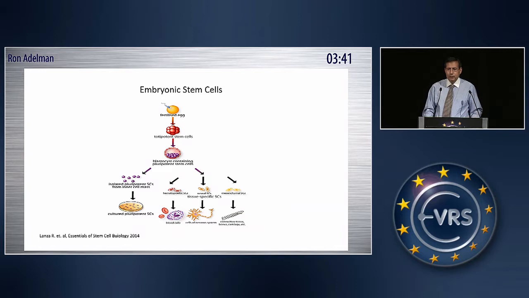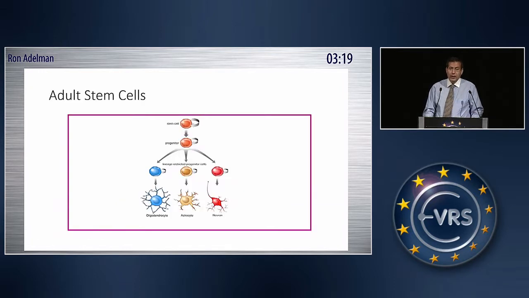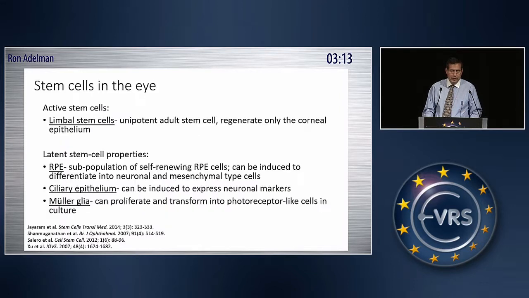And after day 15, the cells differentiate more, so we have stem cells, but the stem cells are directed toward, for example, generating blood or generating some specific tissues. So let's distinguish between totipotent, which means that they can produce placenta, pluripotent, which means that they can produce any cells in the body, and then the lineage. And then we have adult stem cells, and they are producing some specific tissue throughout adult life.